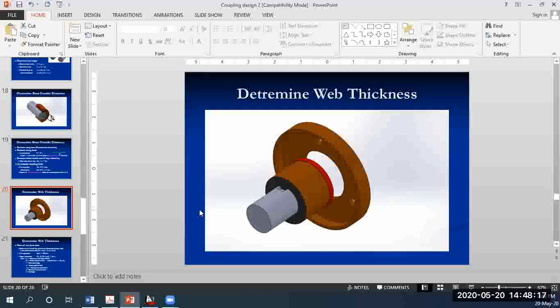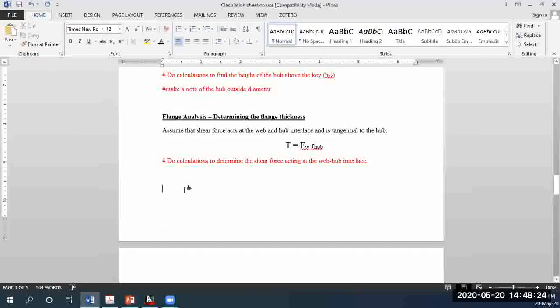Think. In the meantime, while you are thinking, I will add something to the calculation sheet.